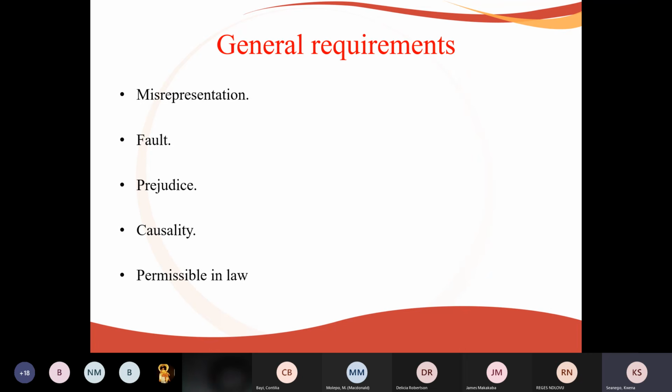I hope these sessions, as you'll be writing in 2 days' time, have been helpful. They've been able to clarify some of the queries or questions that you might have had, so that when you go to the exam, you are ready.